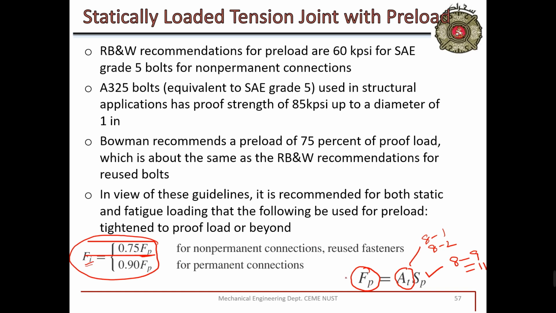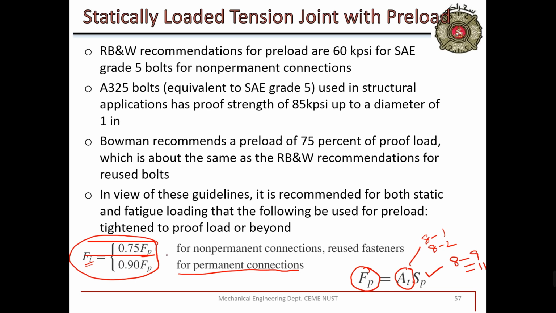If you are using a bolt to assemble and then you are required to disassemble it, then apply only 75% of the maximum load. And if you are using a nut and bolted joint and you don't want to open it for a very long period of time, in other words the joint is permanent, then apply up to 90% of its proof load. And that is the value to calculate Fi.